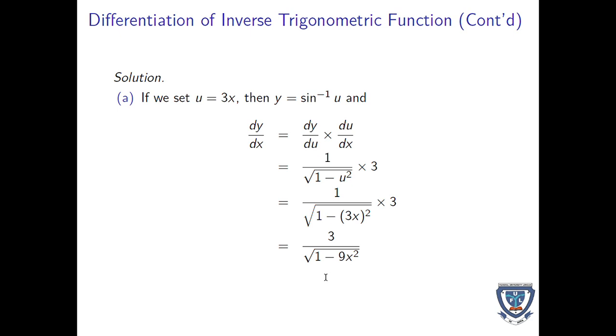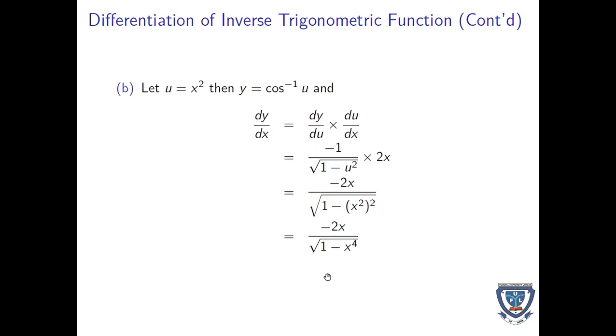squared. For B, you replace x squared with u and you're going to have y equal to arccos u, and the dy/dx will now be the dy/du times the du/dx. And when you take that product, you're going to have minus 2x all over square root of 1 minus x raised to the power of 4.